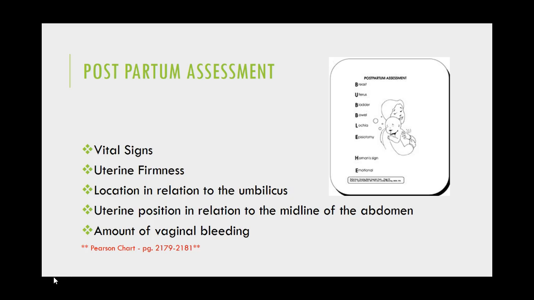We also gather vital signs. We check uterine firmness, the location of the uterus in relationship to the umbilicus. We check uterine position in relation to the midline of the abdomen, and we look at the amount of vaginal bleeding or lochia. And we'll talk about where those things are placed in just a minute.